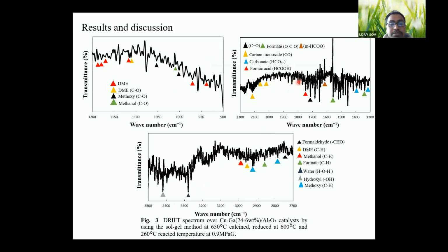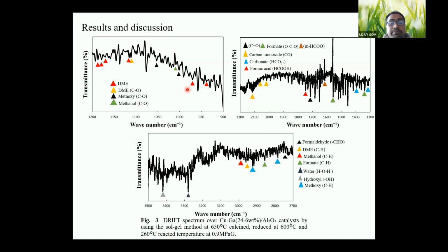In these slides, I try to show the intermediate products for the 650 degrees centigrade calcination temperature, reduced at 600 degrees, and the reaction temperature is 260 degrees. The intensity of the DME, methoxy, and methanol stretching are similar to the other reactor temperatures.